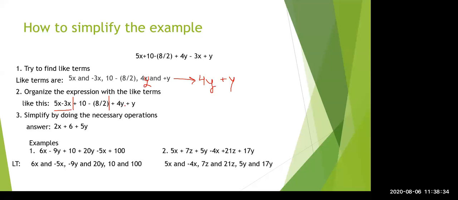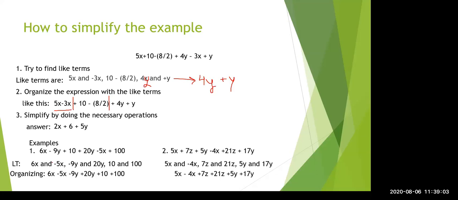And then you add 4y plus y, which equals 5y. So you simplified all three sections of it. In this example, you have 6x minus 9y plus 10 plus 20y minus 5x plus 100. That is a lot of different variables and a lot of numbers.